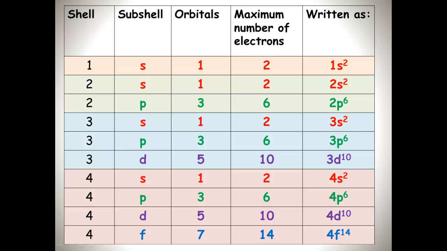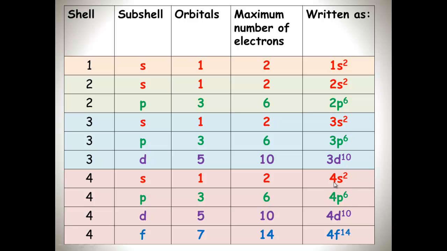Okay, so I've written them out like this to hopefully make it make a little bit more sense to you. So the first shell here has an s subshell, 1 orbital, 2 electrons, and it's written as 1s², meaning it's in the first shell, it's the s orbital, and the s orbital contains a maximum of 2 electrons. You can see each of these s orbitals contains a maximum of 2 electrons.